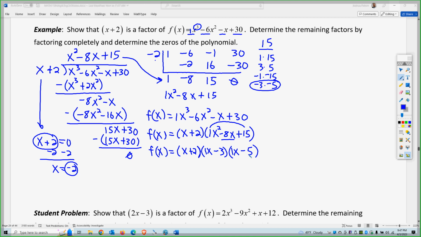So if I set it equal to 0 using the factor theorem, x plus 2, x minus 3, and x minus 5, those are our factors. Normally I don't list out factors explicitly, but I'm going to do that here for the sake of the lesson.